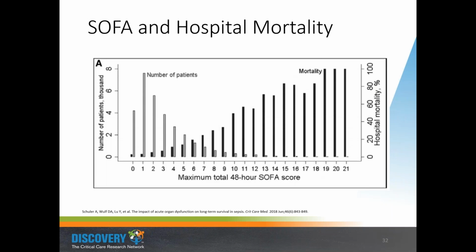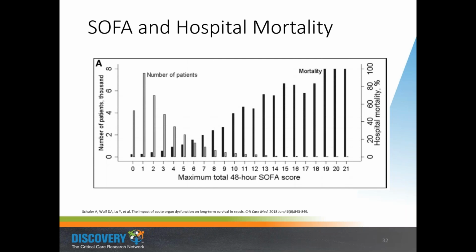answer this question. So just to take us through some of the findings in the study, you can look at this paper that was published in 2018 in Critical Care Medicine. First, we looked at how reliable the SOFA score was across our sepsis population. Here we see SOFA score on the x-axis ranging from 0.